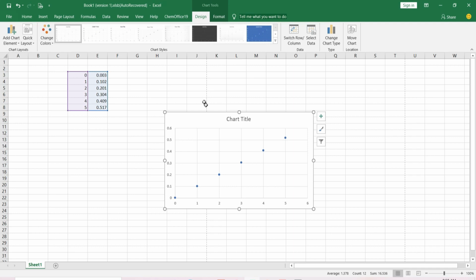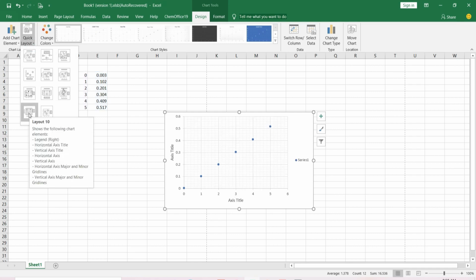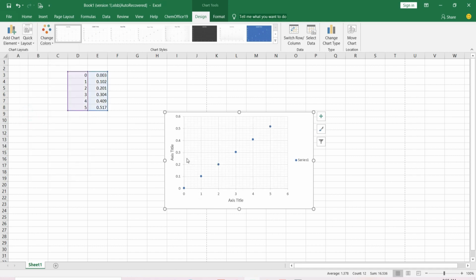Then we have this x-axis and y-axis. I recommend you choose layout 10 if you are using Windows 10, because you can easily see the scale on the graph, so that when you want to find the unknown on the x-axis, you can easily look at the scale and predict the value.